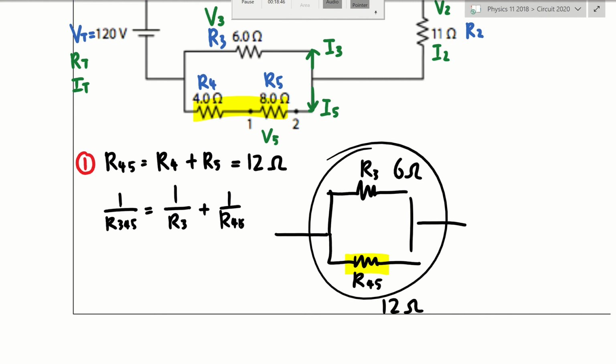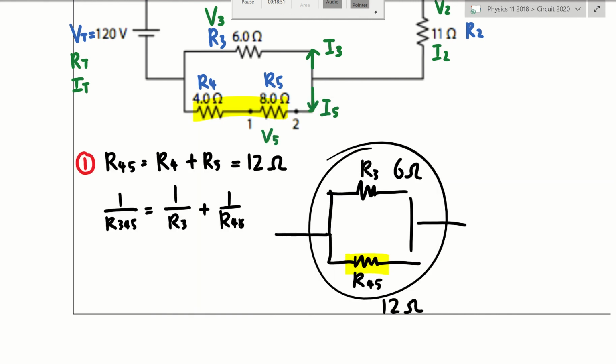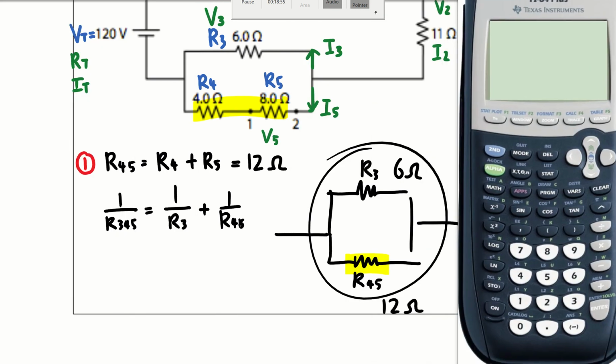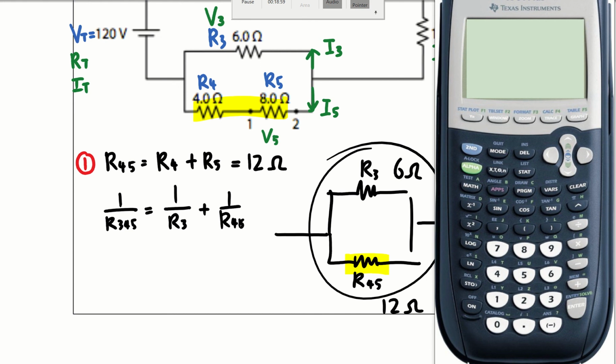Now, in case you forget from last day, the quickest way to do this is to do something like this. You know R3, so you do 1 over 6 plus 1 over the 4, 5 together, which is 12, right?